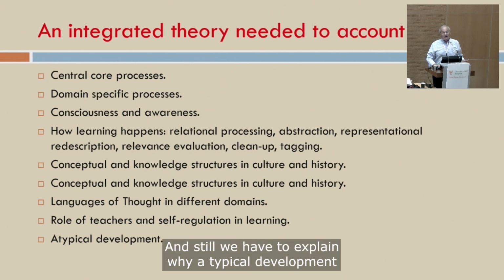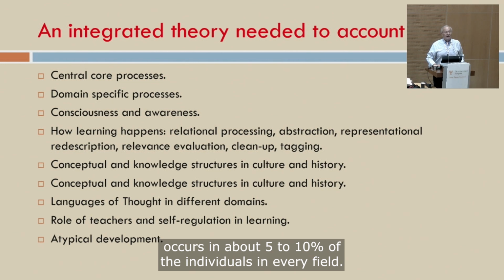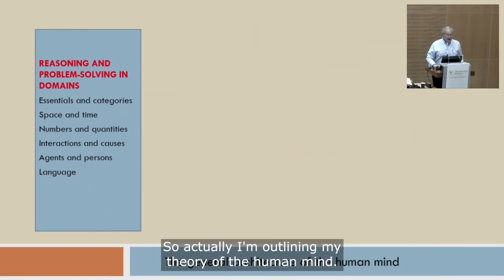And still, we have to explain why atypical development occurs in about 5 to 10% of the individuals in every field.